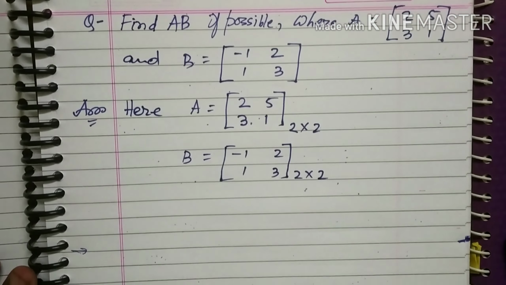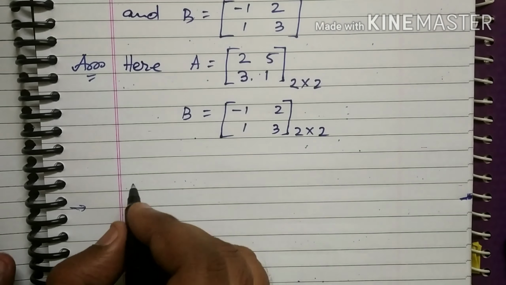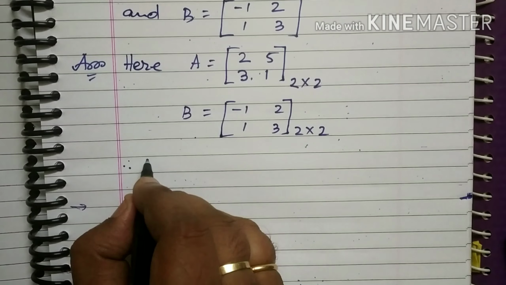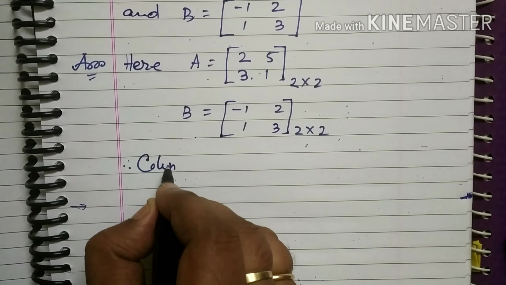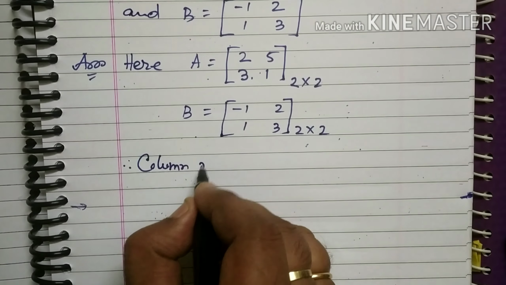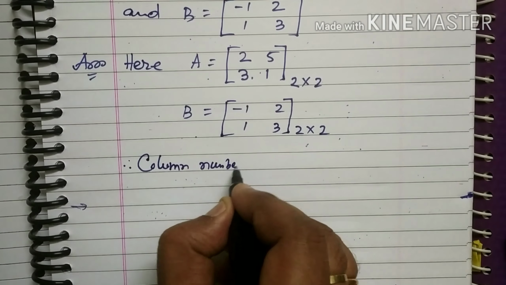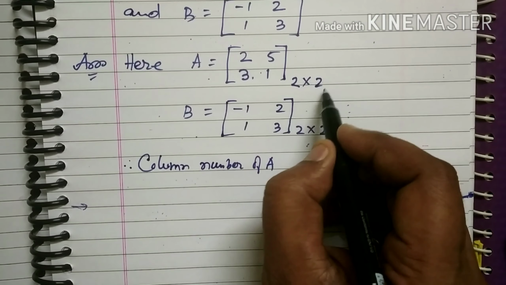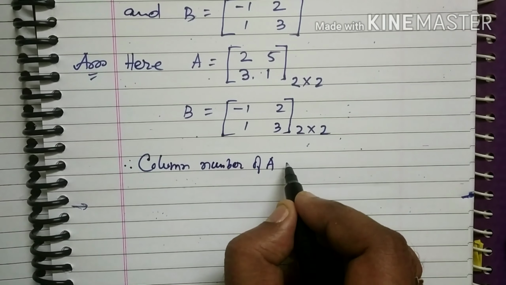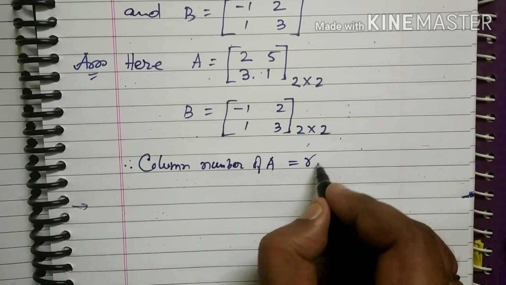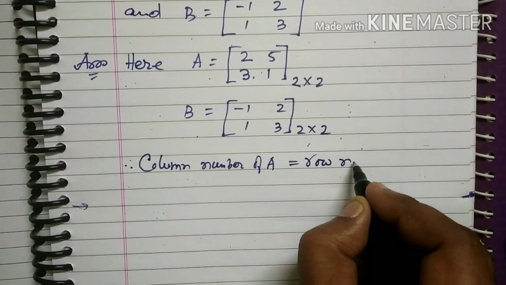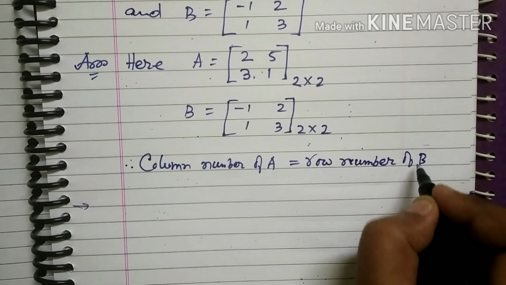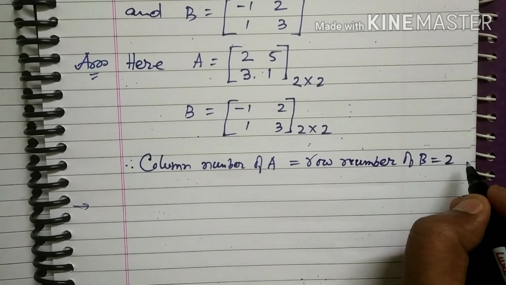Okay, so here you may write: column number of A, the column number of A is 2, is equal to the row number of B, which is 2.